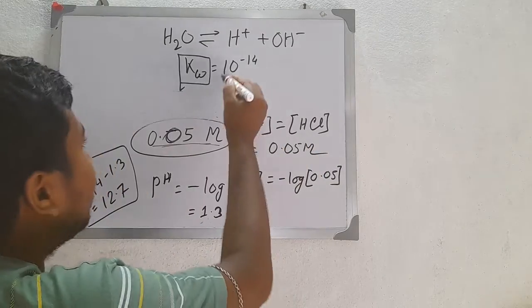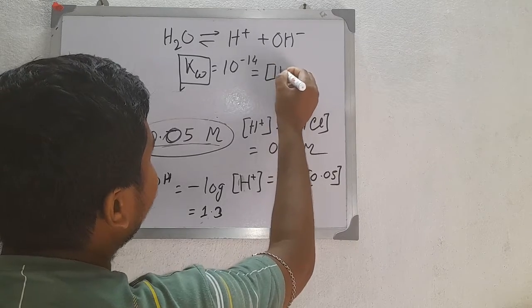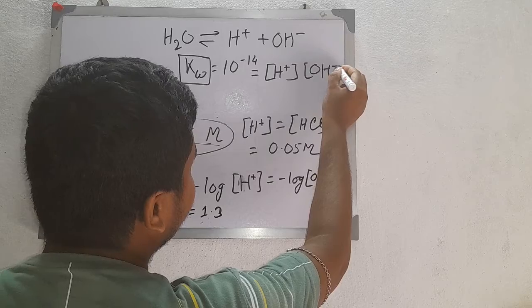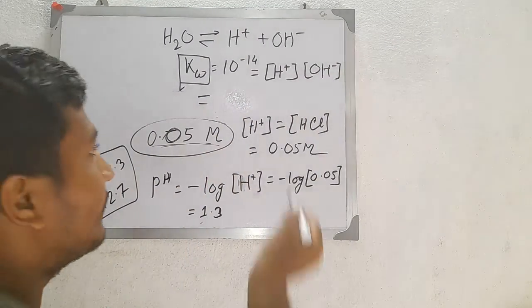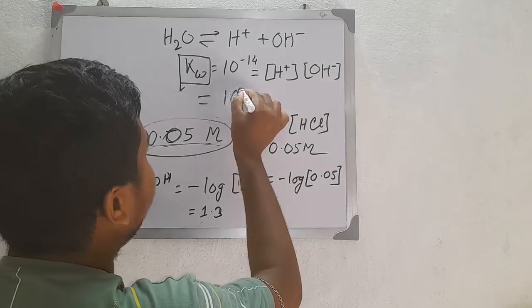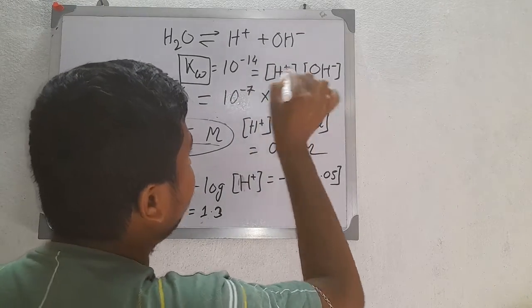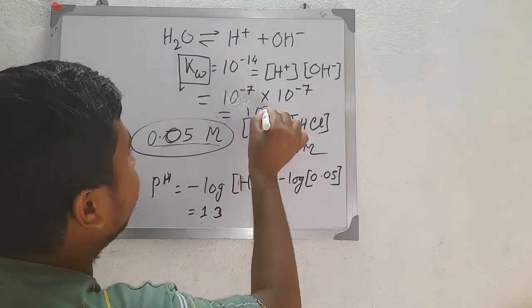So Kw equals the concentration of H plus times the concentration of OH minus. At 25 degrees centigrade, the concentration of H plus equals 10 to the power minus 7 and the concentration of OH minus equals 10 to the power minus 7. So it is 10 to the power minus 14.